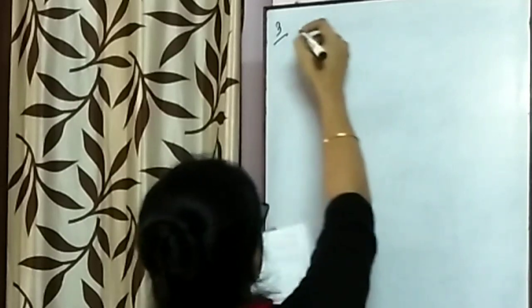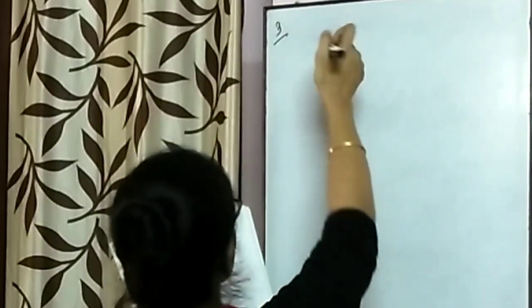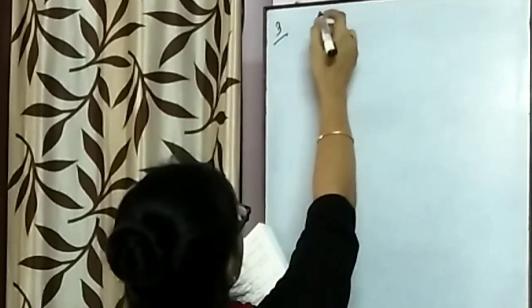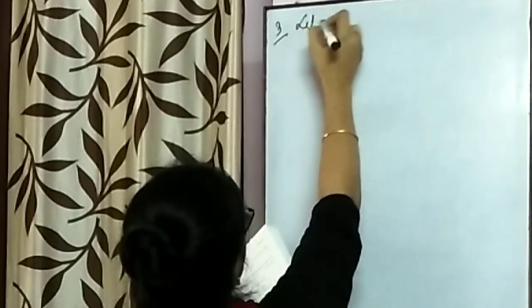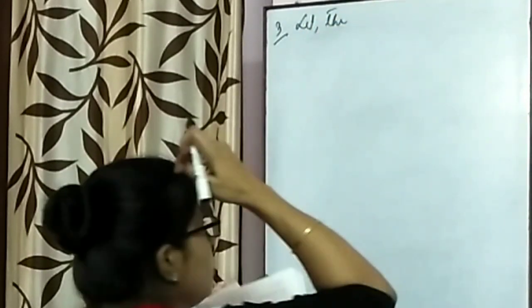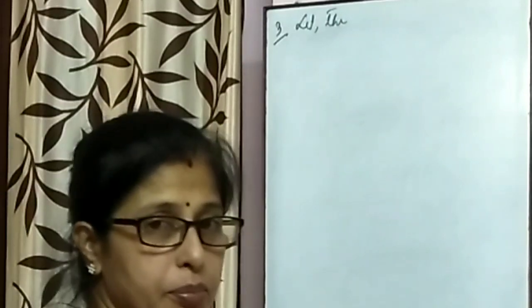Question number 3. Here we are given a few measurements. We will mention, let the angles be, we can suppose as A, B, C, or you can simply add up the numbers.